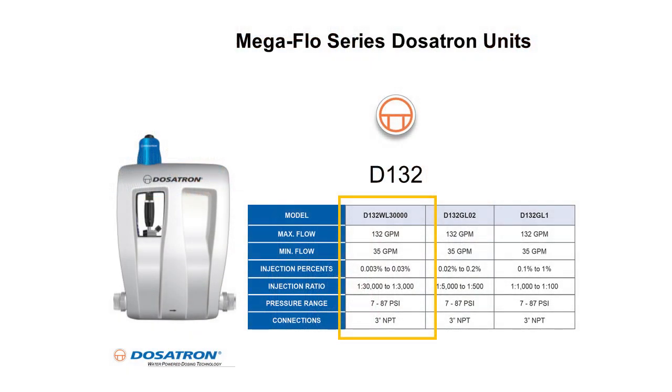In other situations, if they have a pretty large flow, we can use our Mega Flow units, which are more like a regular non-electric Dosatron, but can reach very tiny amounts in the 0.1 mL per gallon range. So those are three options depending on the particular grower conditions.